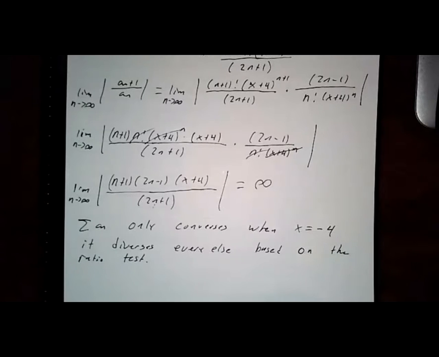Huh. Oh, okay. On theirs, they cancel one of the 2n minus ones. I see.